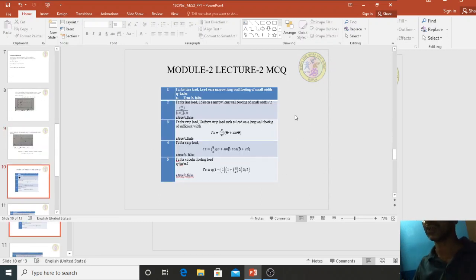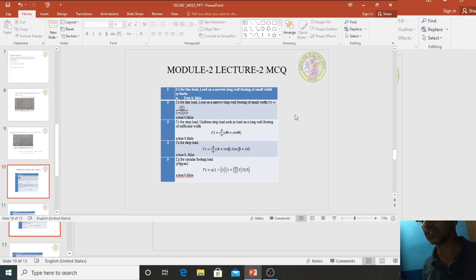Now coming to the MCQ question, sigma z for line load. The load on a narrow long wall footing of small width is given by Q kilonewton per meter. That is the Q value, it is not the entire equation, therefore it is false. Sigma z of line load on a narrow long wall footing of small width is given by, true.